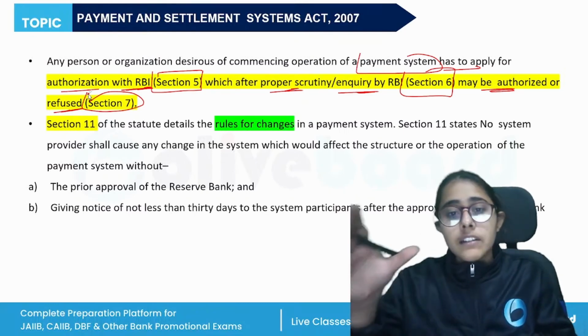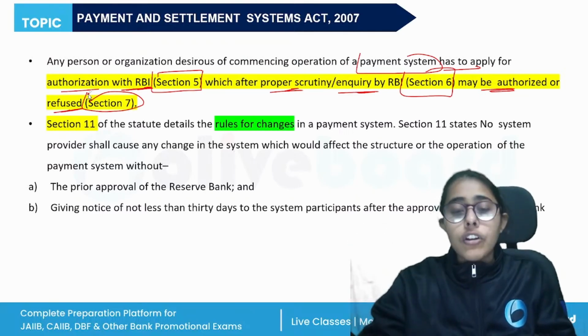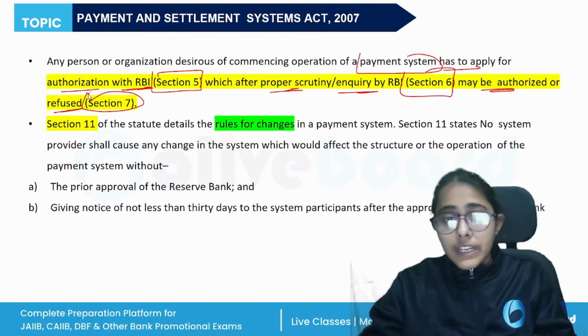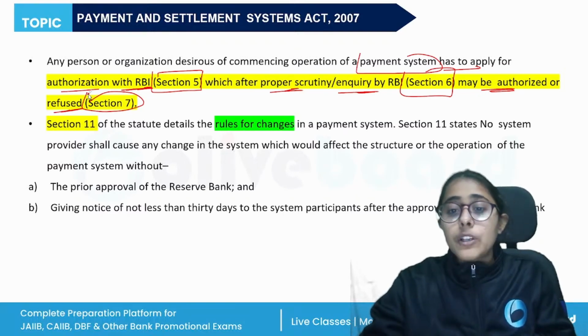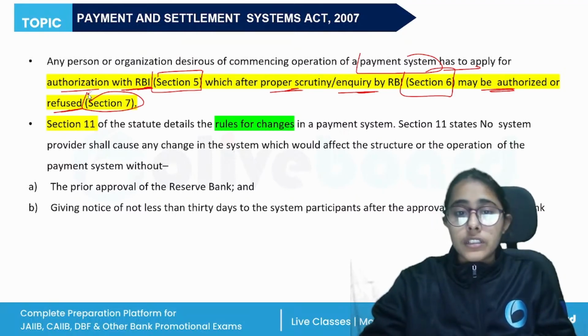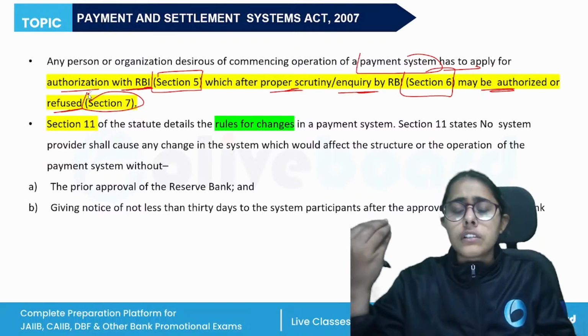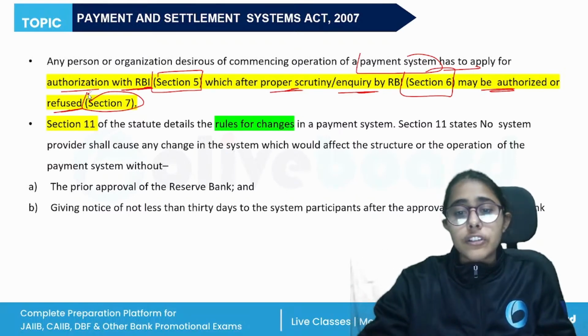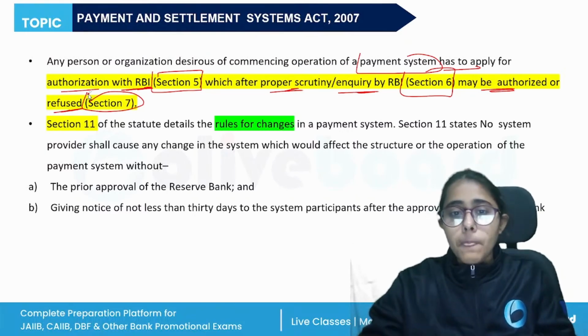Then, when the authorization is being given, the date on which it will take effect, the conditions to which the authorization shall be subject, the payment of fees, if any, any security furnished, and the time period for which the authorization will continue or be revoked, everything will be given by RBI along with the authorization.